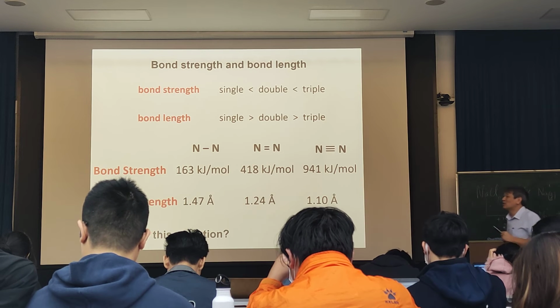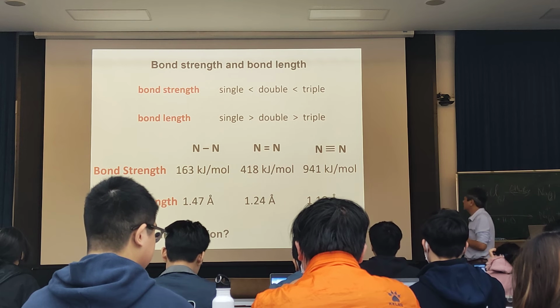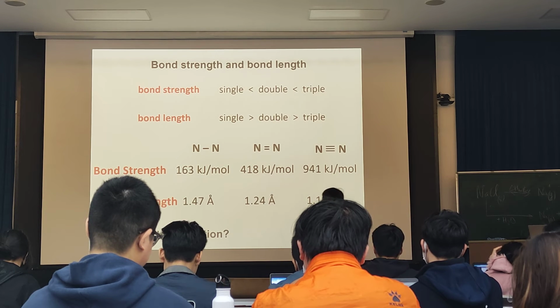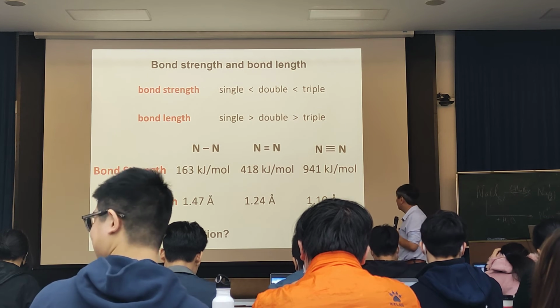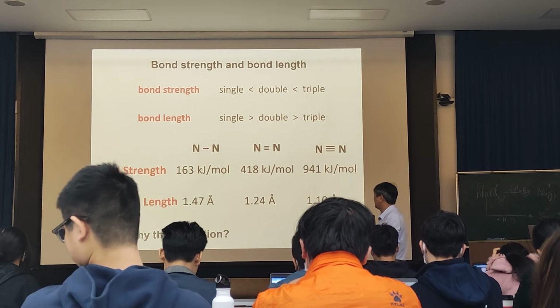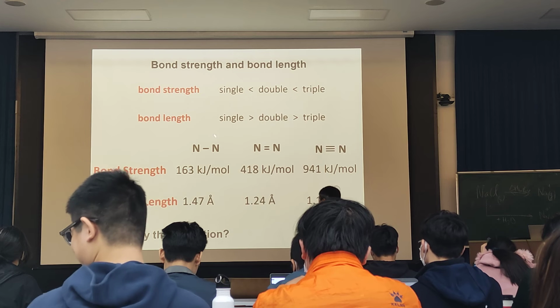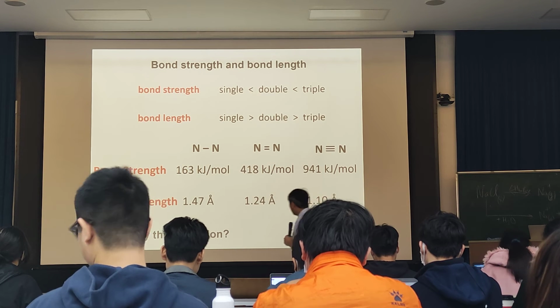Okay? So in terms of bond strength and bond length, you will see that the single bond will be weaker than the double bond and weaker than the triple bond. And in terms of distance between the two nuclei, the triple bond will be shorter than the double bond and the single bond. If you want to break the single bond, you need to pay 163 kilojoules per mole.